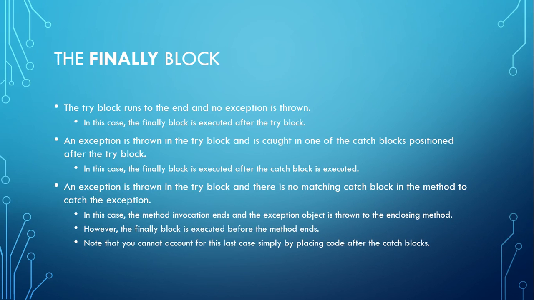Or an exception is thrown in the try block and there's no matching catch block in the method to catch the exception. In this case, the method invocation ends and the exception object is thrown to the enclosing method. However, the finally block is executed before the method ends. Note that you cannot account for this last case simply by placing the code after the catch blocks.